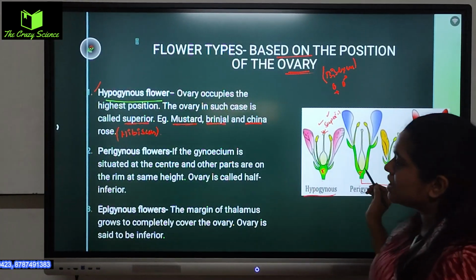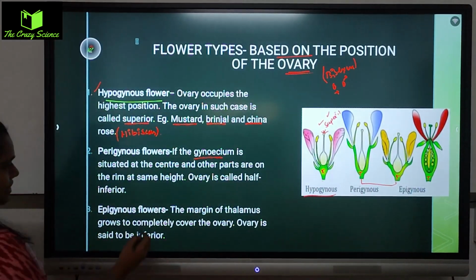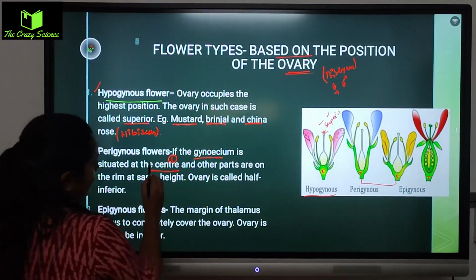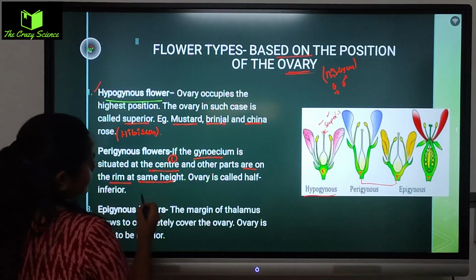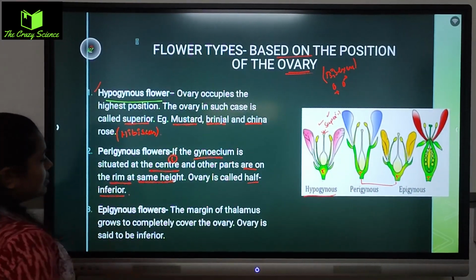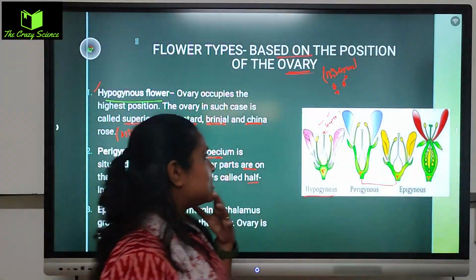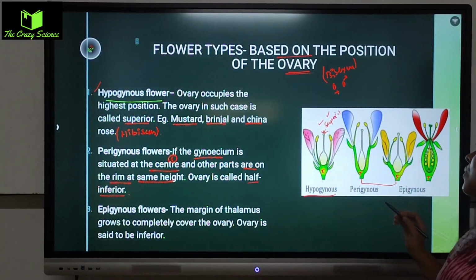Perigynous are two types. Dekhte pacho. Perigynous means gynoecium, the female, is situated at the center. Either they will be present at the center or the other parts on the rim are at the same height, or the half inferior. This is called the perigynous. So these are the two types of diagrams, and both are equally required.